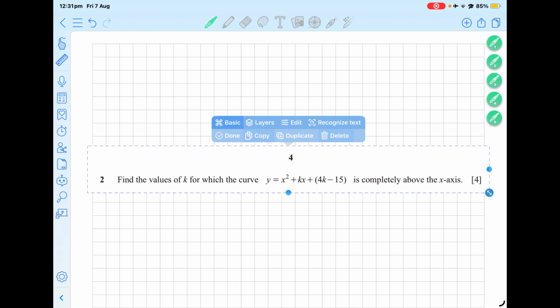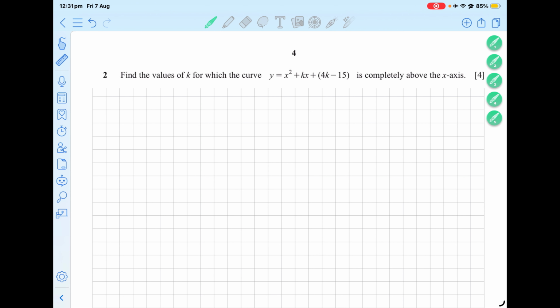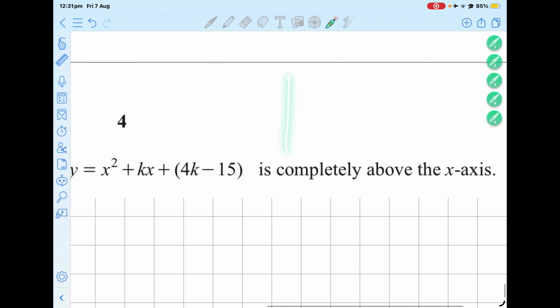Then question 2. Find the values of k for which the curve is completely above the x-axis. So what are they trying to say? They're saying for what values of k is this true.